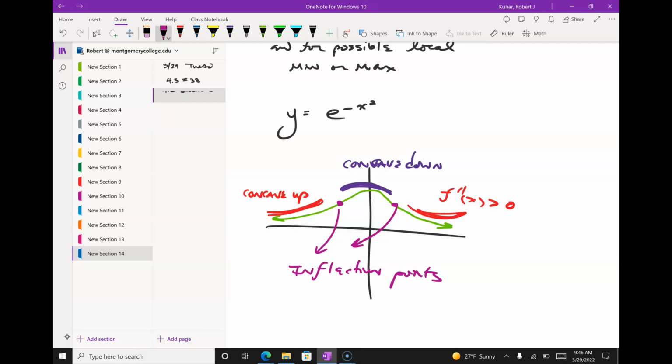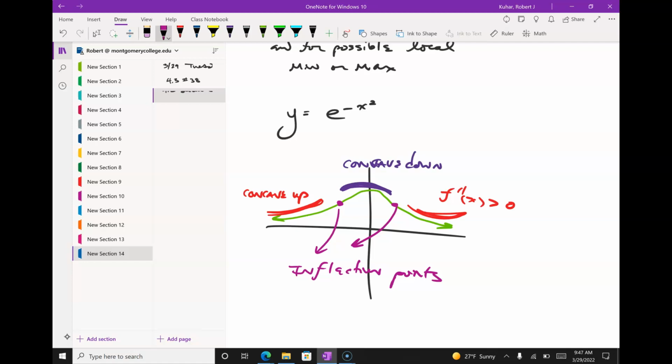I'm not going up a hill. I'm looking at the map of the flat surface. So I'm turning on the road. What am I turning originally? Which way am I turning my wheel? To the left. When I hit that first inflection point, now I'm turning to the right. You can see that concavity changing to down. And then I'm turning back left again at the second inflection point.